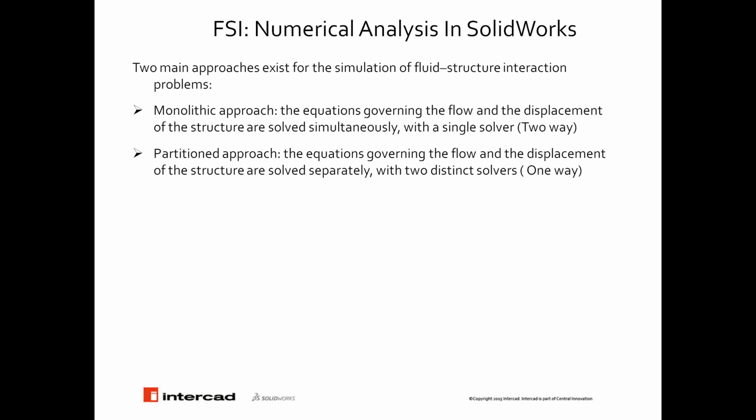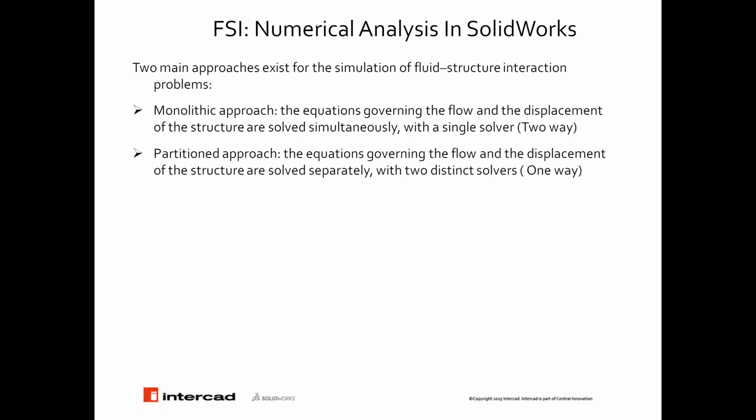The good thing about this is that when the fluid is moving or deforming your structure and a new fluid domain is generated, this type of solver can regenerate the mesh and update the fluid domain after the structure has deformed and updated itself. So this scheme is also called two-way FSI. The two domains are solved at the same time, and they get their updates, and all results are pretty realistic.